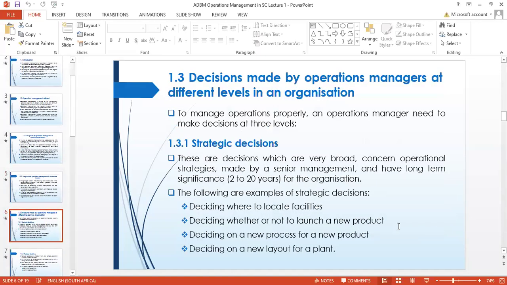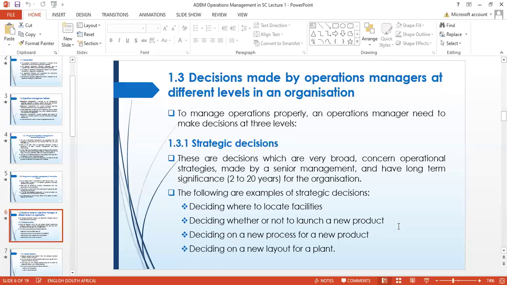From there, let's look at the decisions that are made by operations managers at different levels in an organization. So operations managers, we are saying, they make decisions. And these decisions are made at different levels. The first level at which the operations managers make decisions is the strategic level. So at the strategic level, the operations managers make strategic decisions.